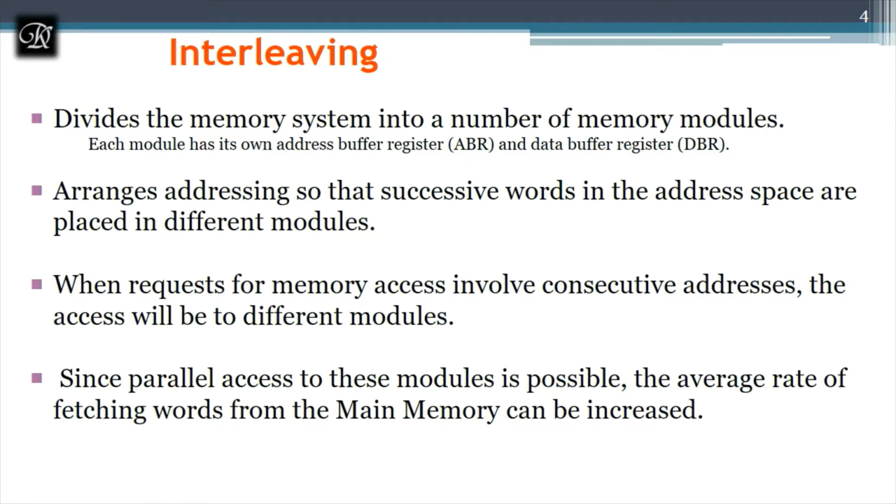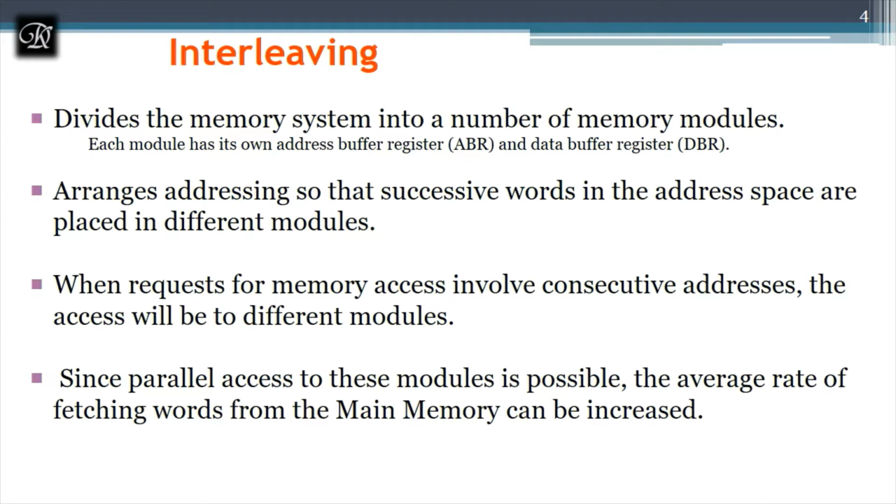We should not add additional logic to find the successive words. We should access them easily. That is what arranging the address means, so that successive words in the address space are placed in different modules so that they can be accessed in parallel. When a request for memory access involves consecutive addresses, the access will be to different modules.